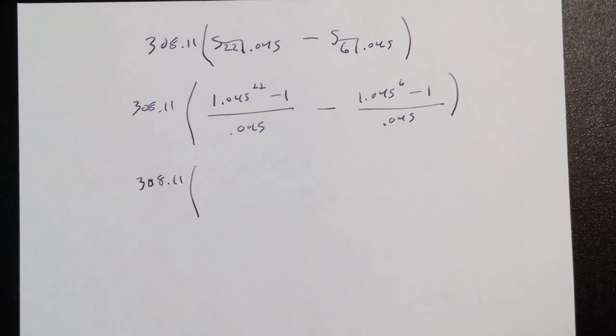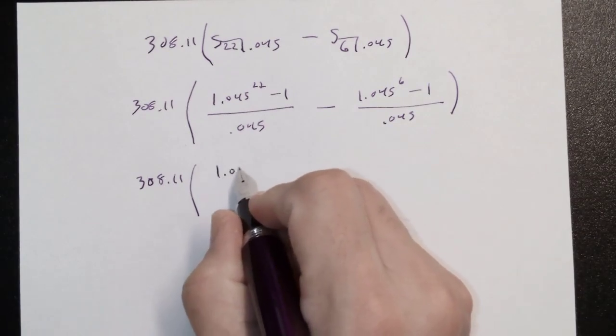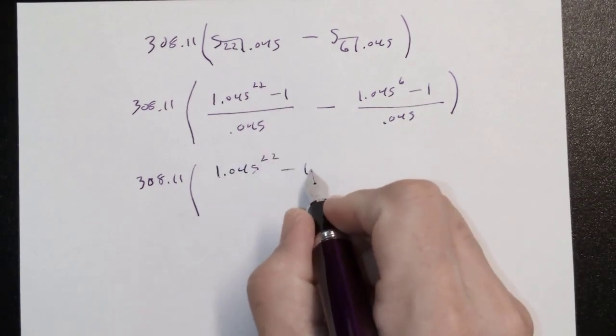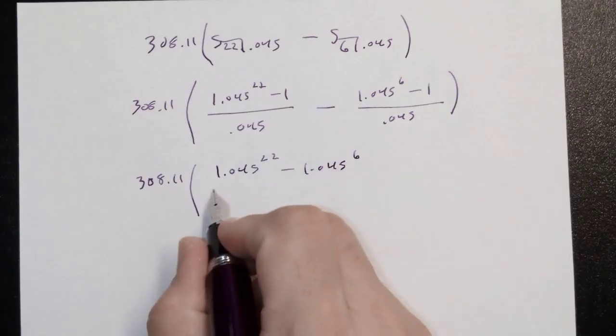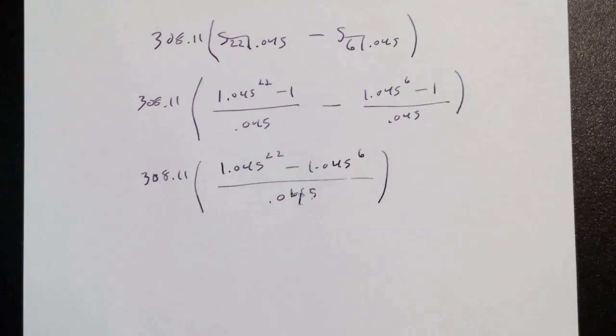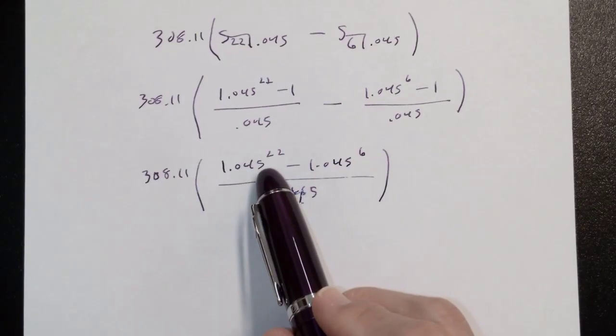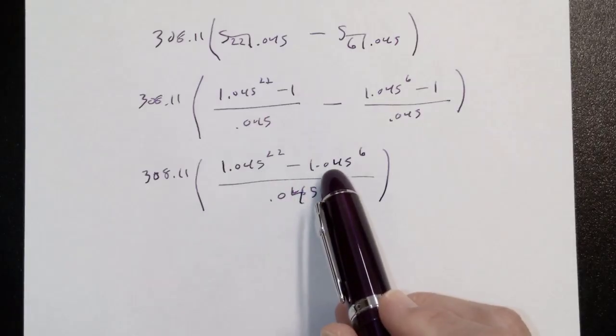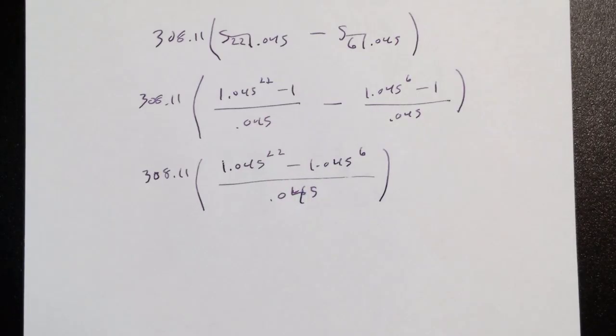Which means 1.045 to the 22 minus 1.045 to the 6. And Maria, now I can see quite clearly, it's the payments all the way to the end, and then take away the payments we didn't make. By the way, there is a slight difference between this answer and the other answer. What do you get for this one?